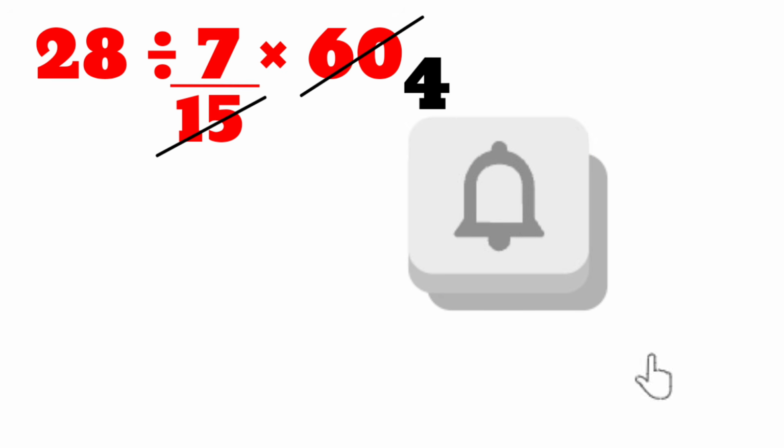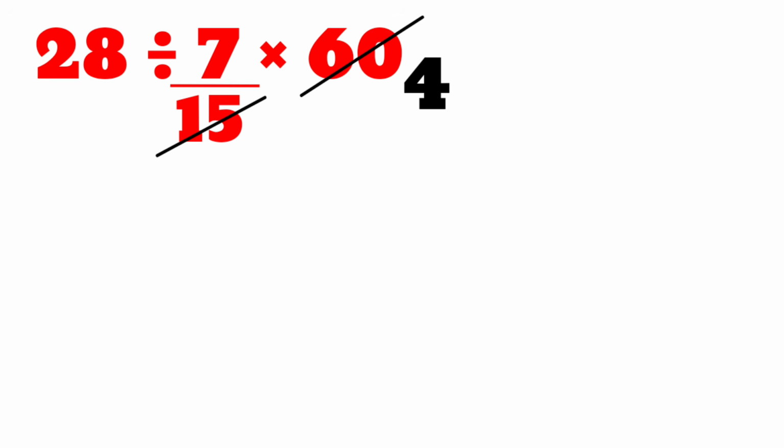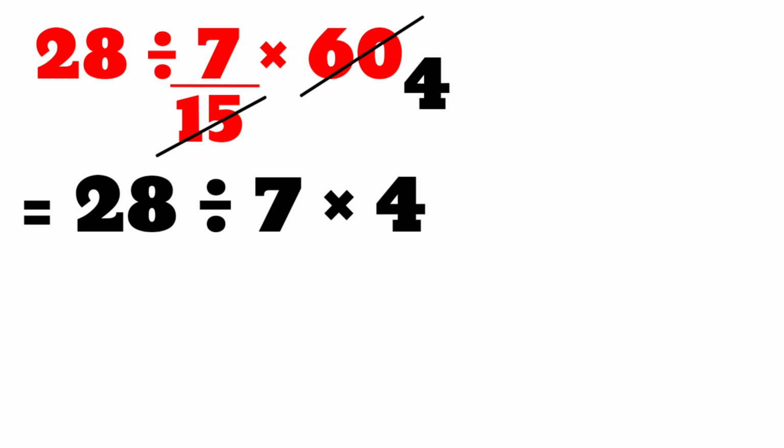Cut the numbers like this. 15 times 4 is 60, so it is equal to 28 divided by 7 times 4.